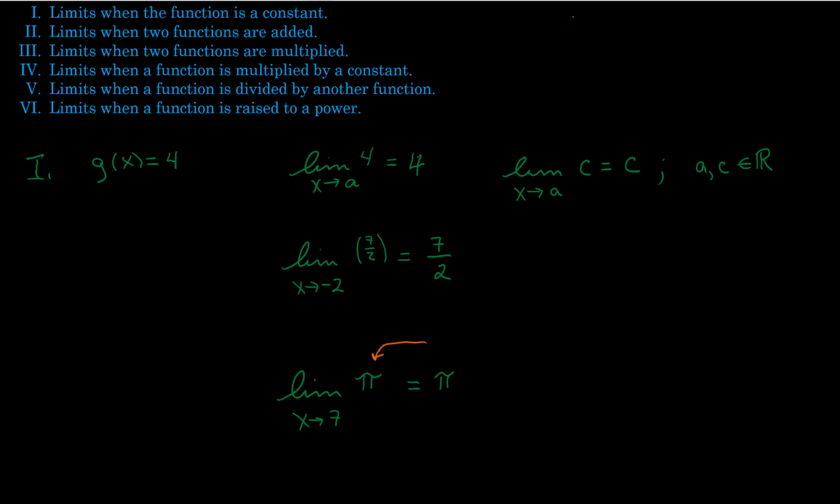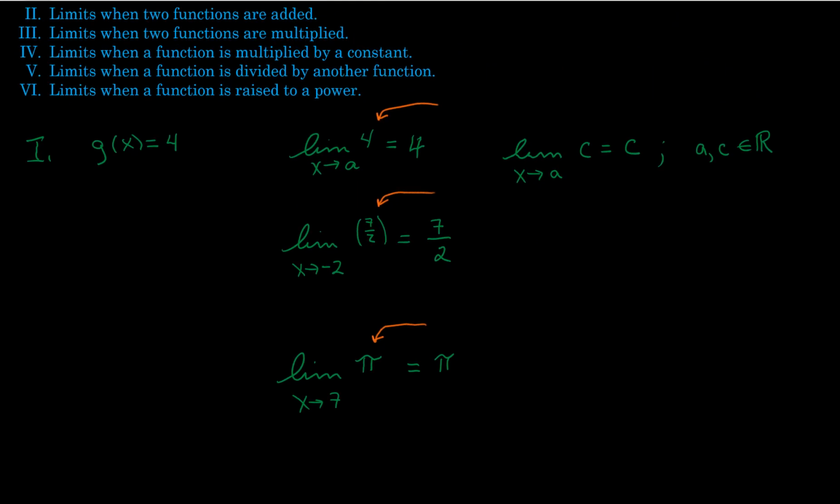Could be something kind of strange like pi, could be something as simple as 4, or a little complicated like 7/2. But it doesn't matter as long as that value is a constant, constant meaning it doesn't change. The limit at any value of x will always wind up being the value of that function.